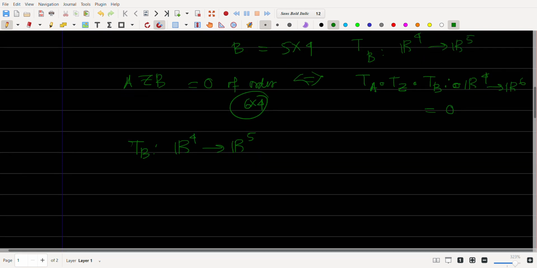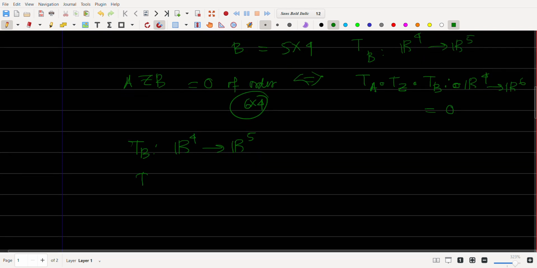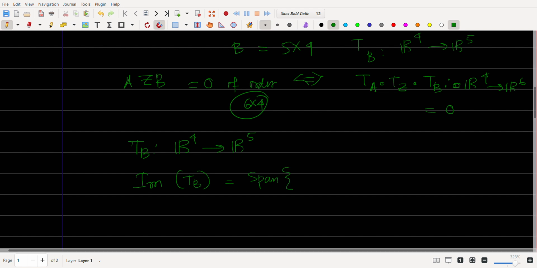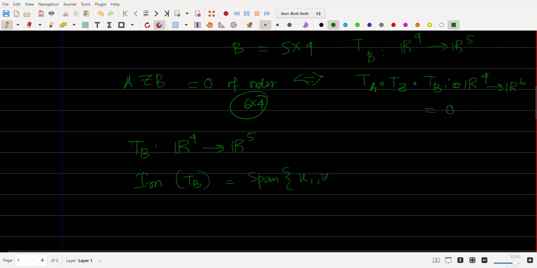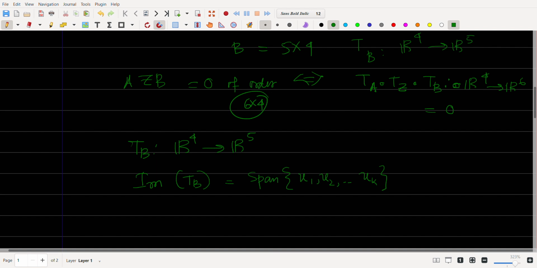So the image of TB is spanned by some vectors, say u1, u2 up to uk. Since the domain has dimension 4, the image of TB has dimension at most 4.